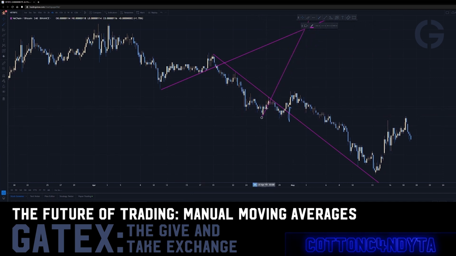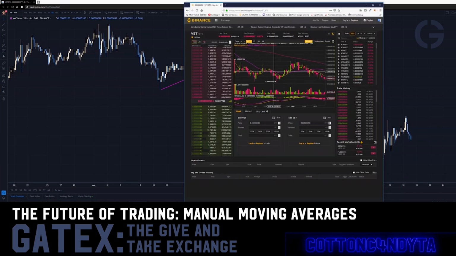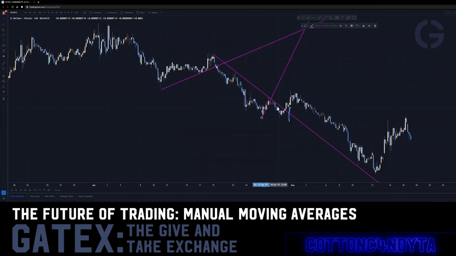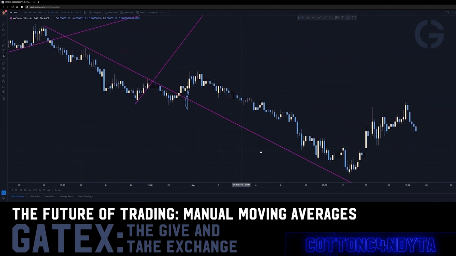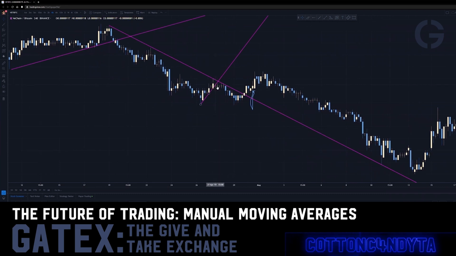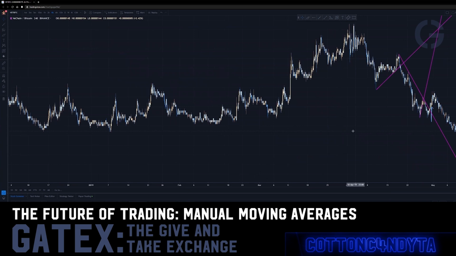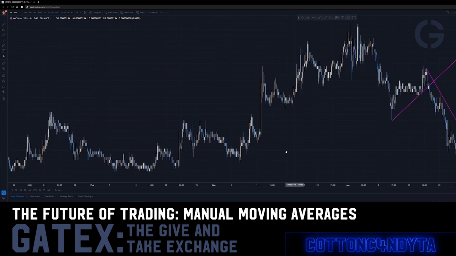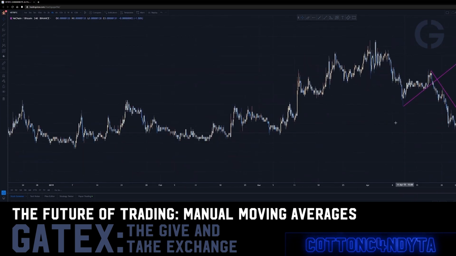You have an uptrend here, and what was that? 428 1900. 28 1900 right here. So you would have lost an uptrend, 1 2 3 4 5 candles back, which is showing you this one right here, the loss of this uptrend. Now I'm actually wondering if there's a bigger uptrend that is losing, because that's not exactly 4 to 5 candles back.